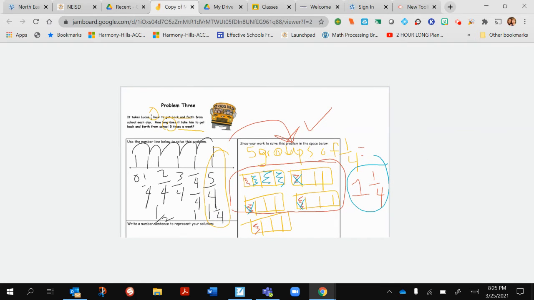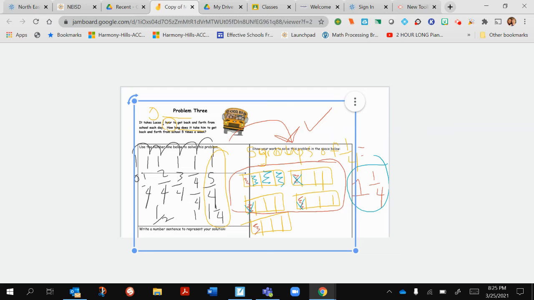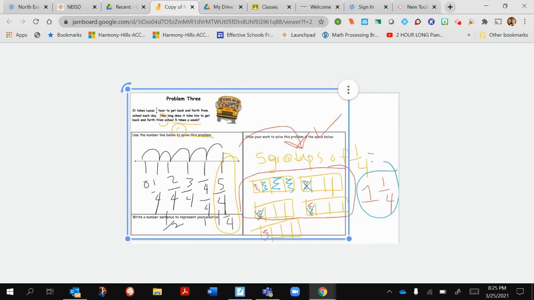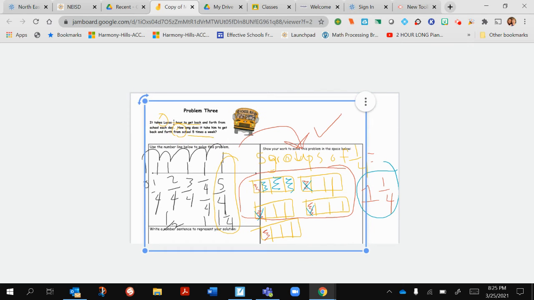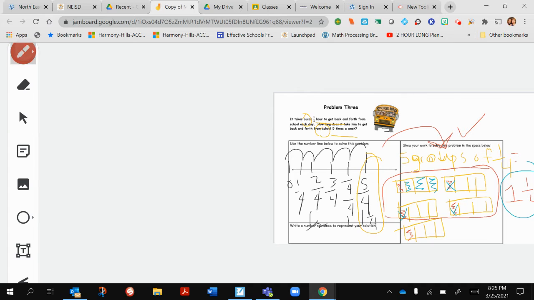All right, and so now our equation is going to be 5 times 1/4 is equal to 5/4, and that's where we got the 1 1/4.